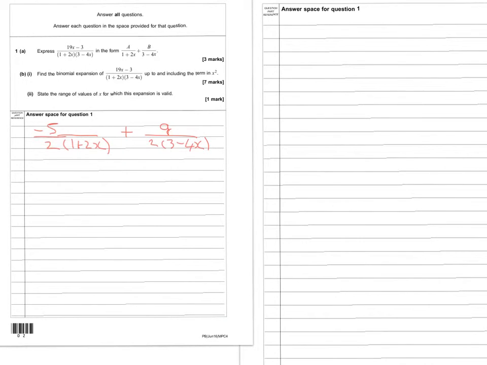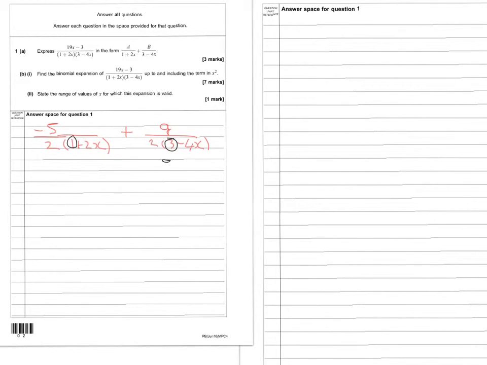Part B(i), find the binomial expansion of 19x minus 3 over that up to and including the term in the x squared. Alright, so this one's already a 1, so that's fine. This is not a 1, so I'm going to make that a 1 first. So I'm going to divide through by 3.